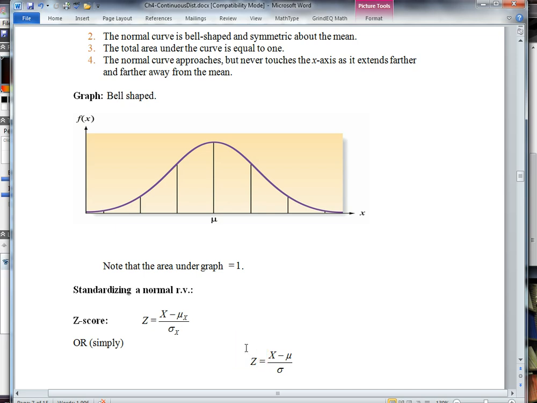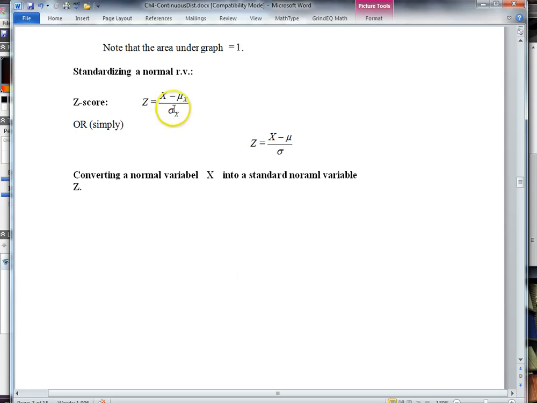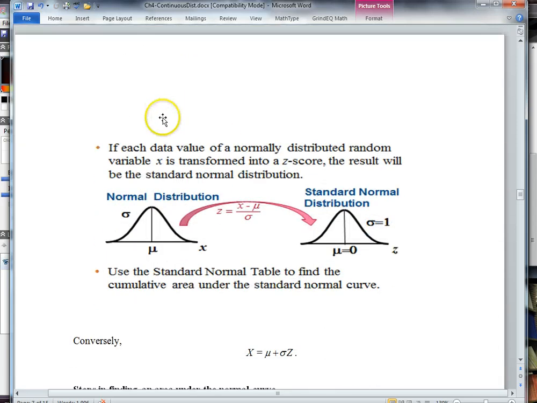That's the idea of standardizing the normal curve, because what that means is basically taking x, subtracting the mean, shifting the mean from mu to 0, and dividing by sigma means making that standard deviation equal to 1. So either squeezing it or flattening the distribution a little bit to make the perfect bell shape here.